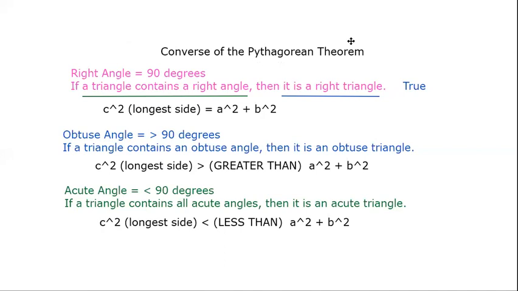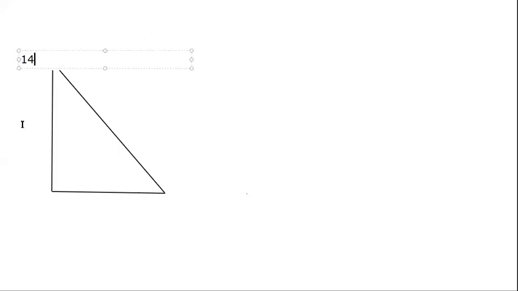Let's do one of each example. So in question number 15, you have a right triangle. Wait a minute, you don't have a right triangle. We don't know what we've got. We're not doing 15. We're going to do 14. 15 is the triple, and you will know that when you look at it. We're going to do 14.